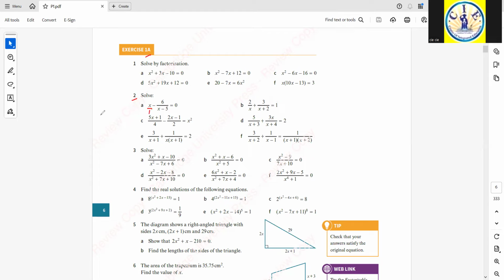So to make these denominators the same, what I need to do is multiply this one with x minus 5. So its numerator is also going to be multiplied by x minus 5.